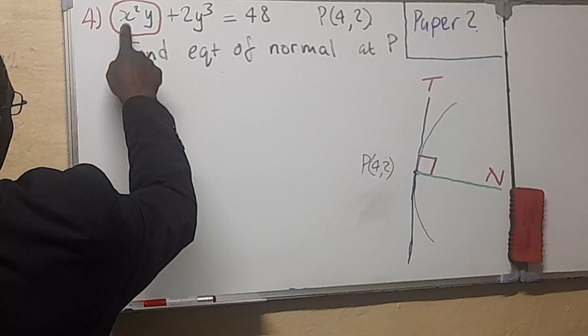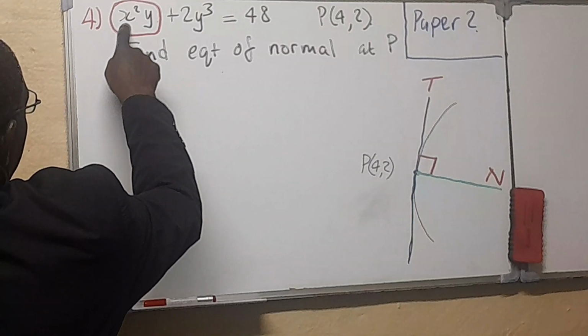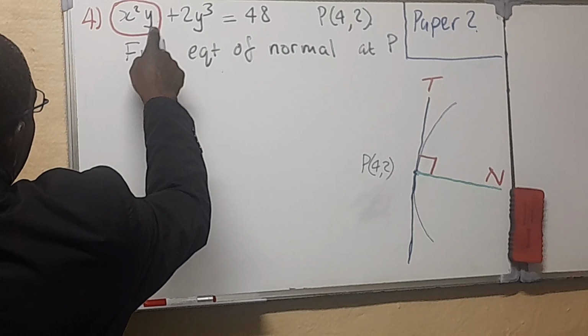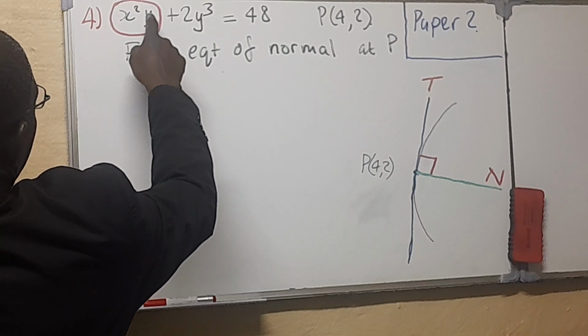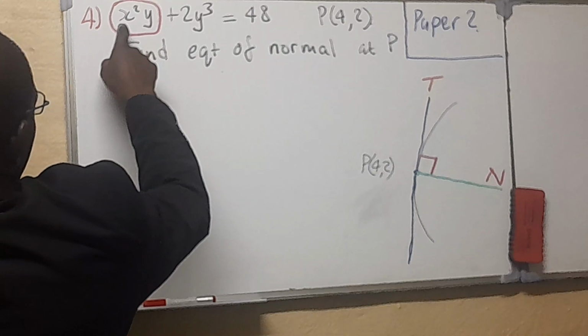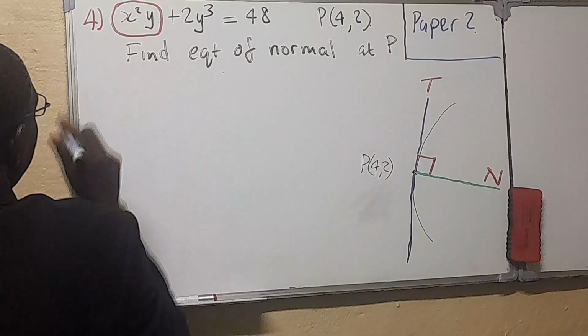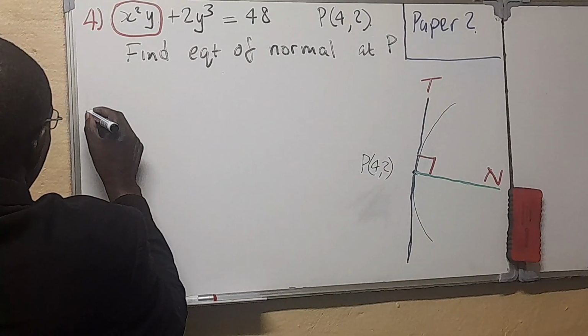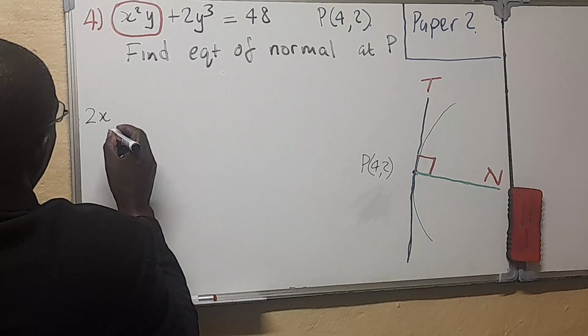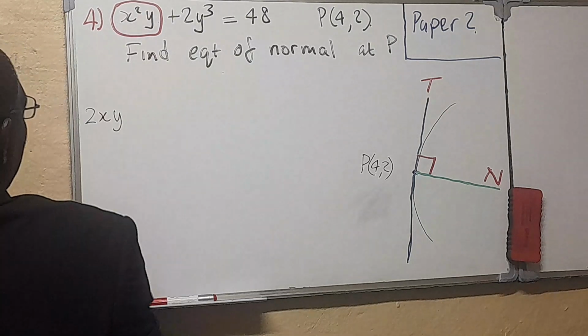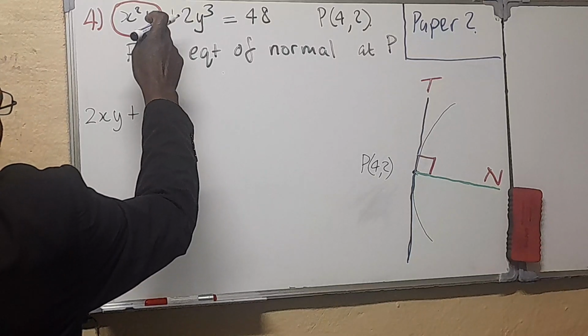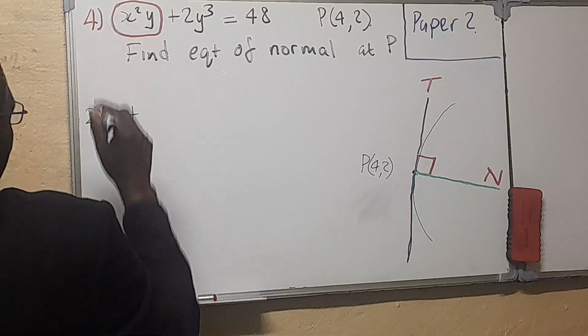So we must first of all differentiate this x squared, leaving y untouched. Then we differentiate this y, leaving the x untouched. Differentiating with respect to x, we have 2xy, because y remains untouched. Then we differentiate this y and leave the x untouched.